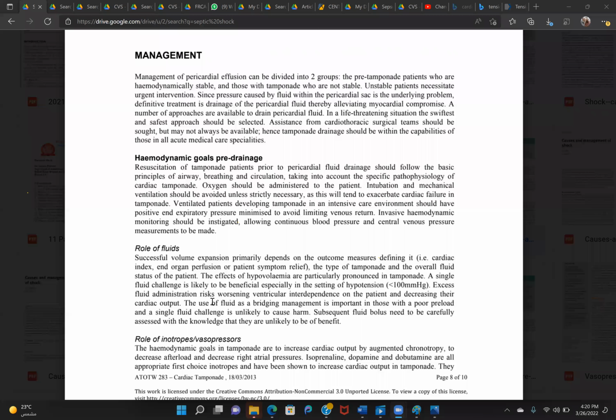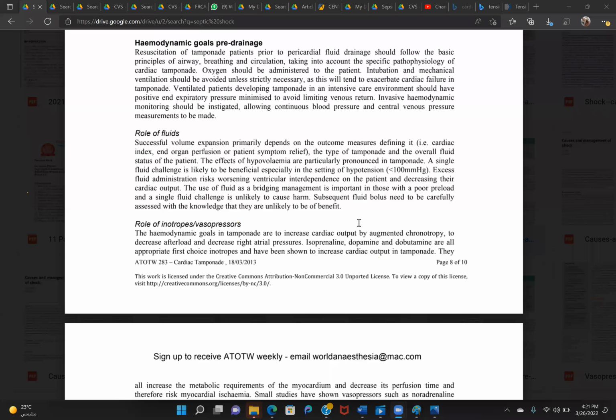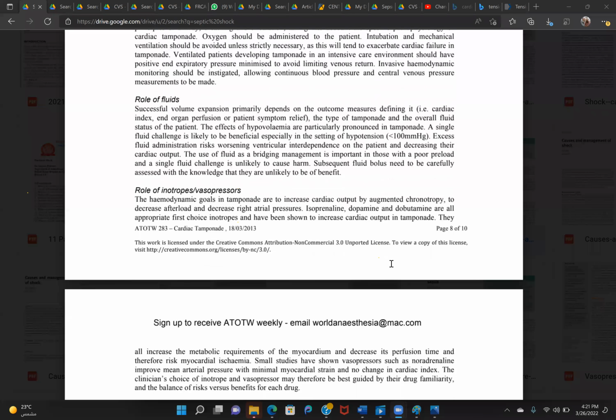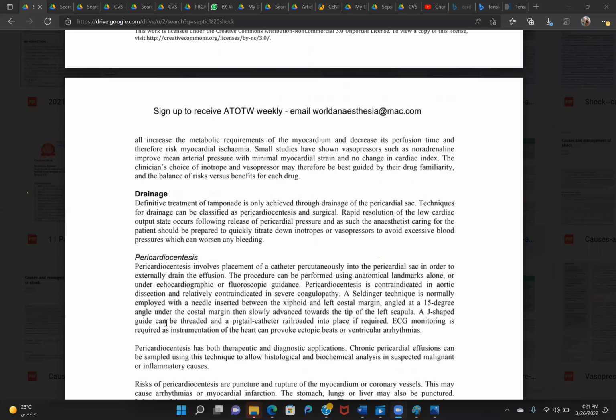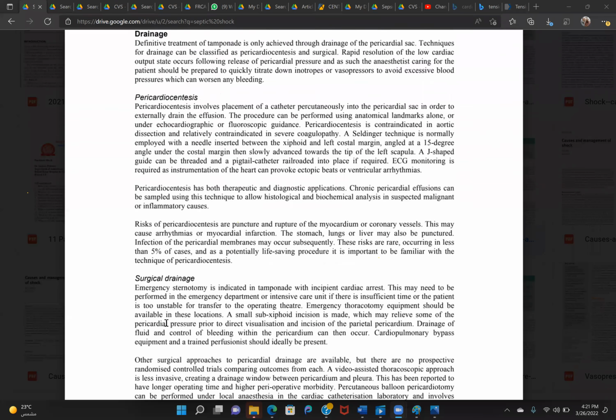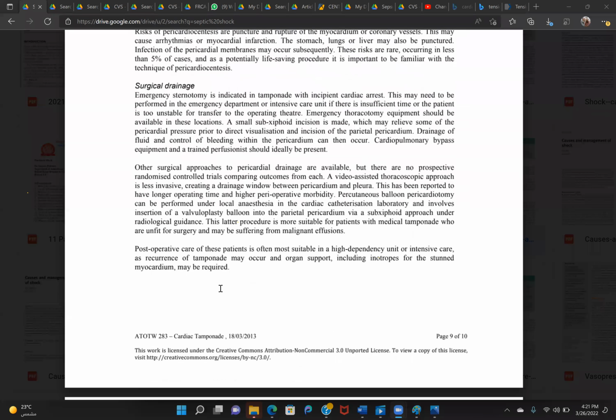Okay, and you can give colloids, crystalloids according to the use of inotropes and vasopressors, as I told you, that they will be helping you, but you have to check what the exact situation is. Drainage, as I told you, pericardiocentesis is the one. Surgical drainage, you should immediately involve the multidisciplinary team.